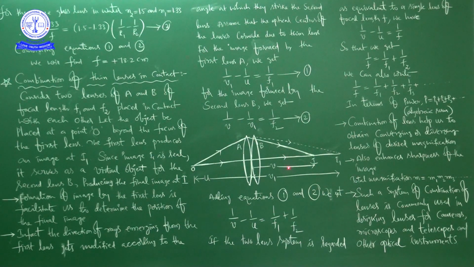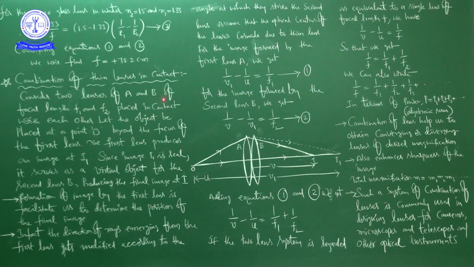Final image is I. So here the image distance is actually V. With respect to the two lenses A and B, the image distance is V. With respect to a single lens, that is lens A, the image distance is V dash. Okay, right. So that is written here very clearly.